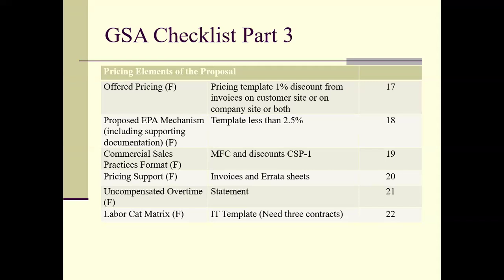Overtime compensation, uncompensated overtime. Well, what if somebody is a professional employee, a salaried employee that basically is not impacted by the Service Contract Act or any of those things? They normally don't get overtime. So you can take a professional employee and basically say, okay, I can work you 60 hours a week.